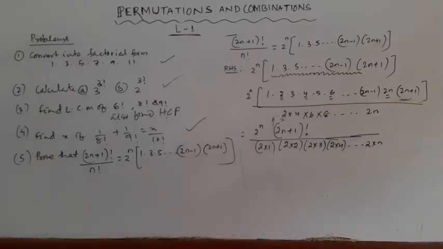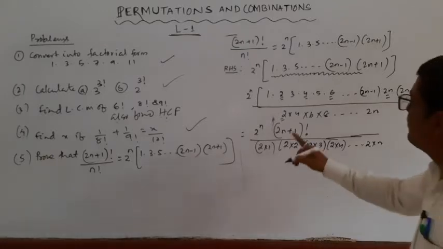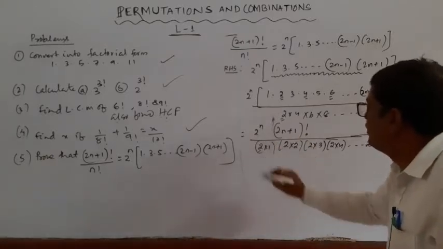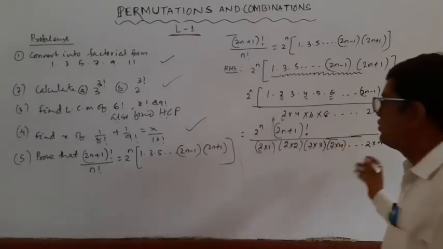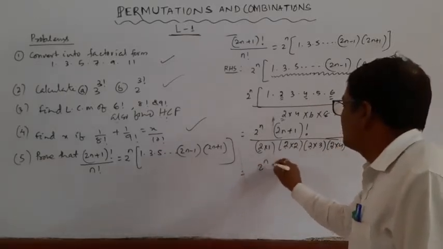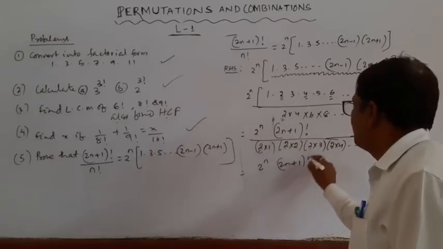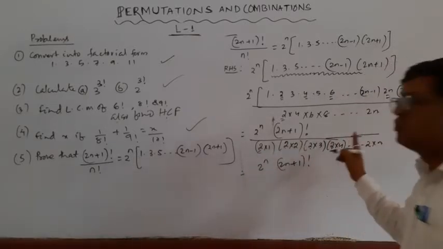So there are n number of terms, with a 2 in each multiplied. So 2 to the power n, and 2n plus 1 factorial.